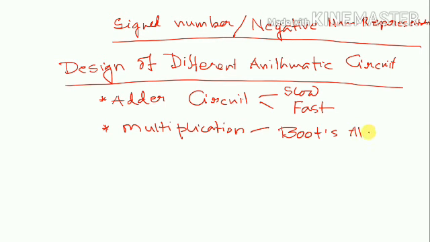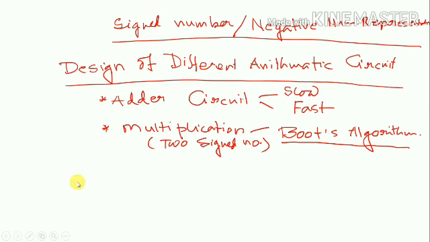To multiply two signed numbers, there is a standard algorithm that is called Booth's algorithm.